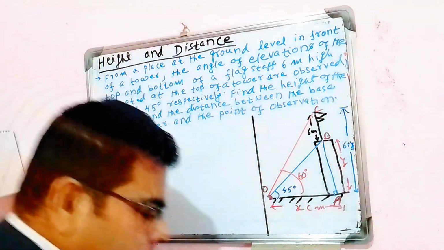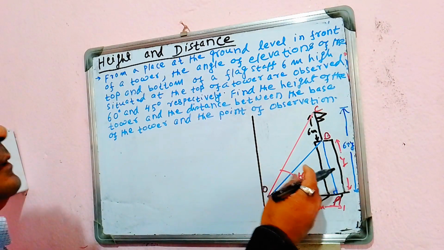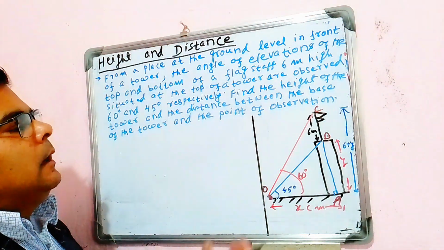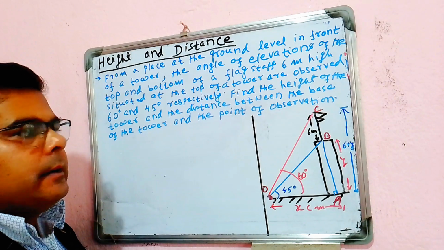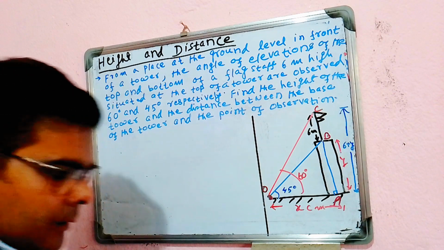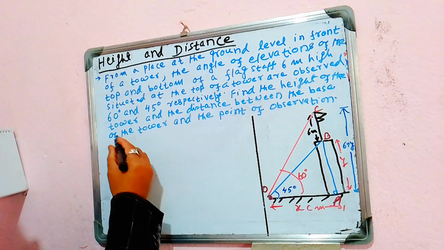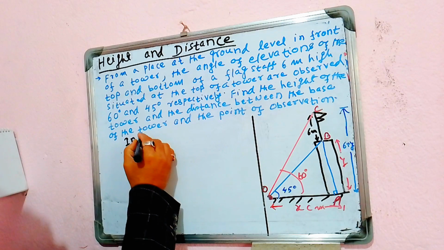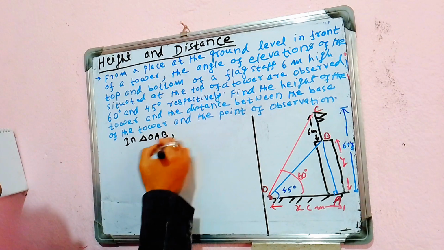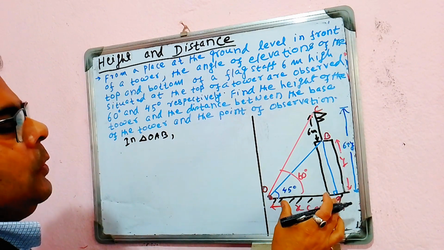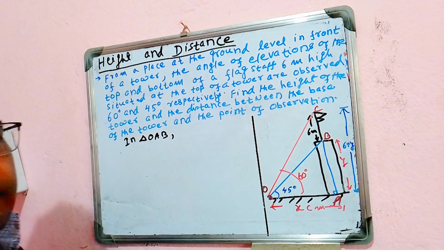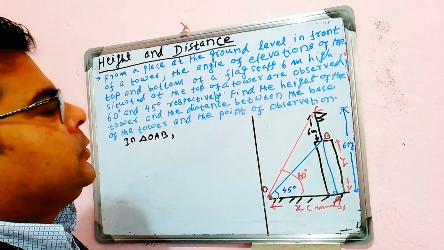We have two right angle triangles, so we take the values of x and y using both right angle triangles. In triangle OAB, which is a right angle triangle, the ratio of perpendicular and base is given by the trigonometric ratio tan.